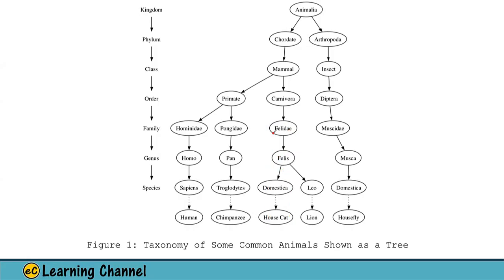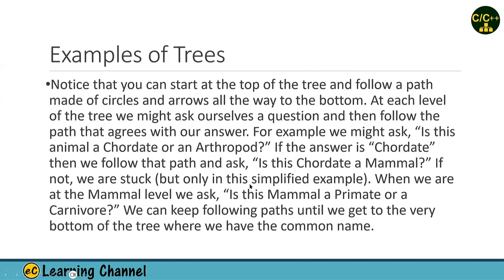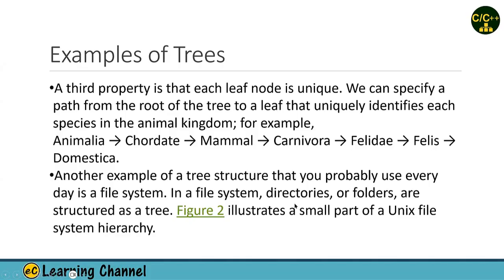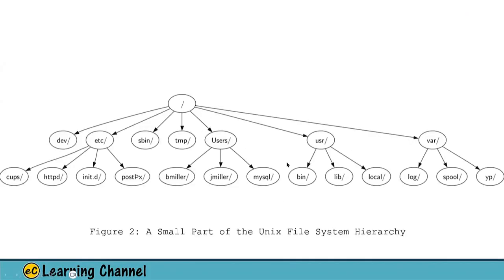I think this one should be cats. Carnivore is actually a meat-eating animal. These are the different branches for the animals. That classification also gives you a tree. Inheritance structure is also a tree. A file system is also a tree.